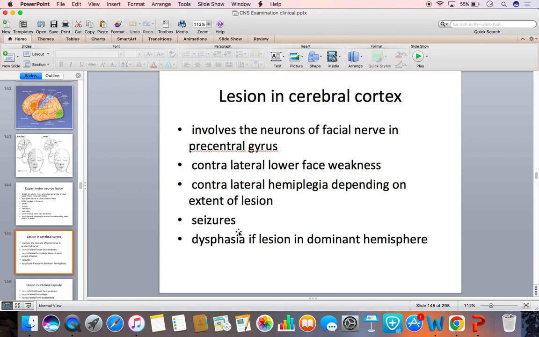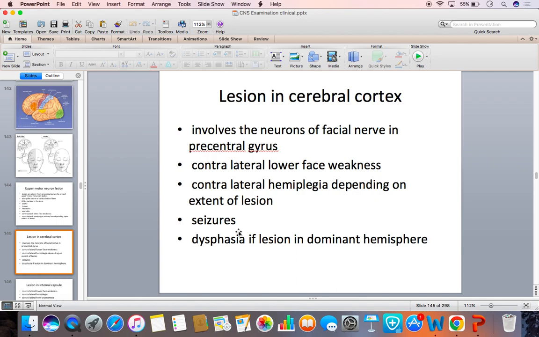So what are the features of the lesion in the cerebral cortex? It involves the facial nerve in the precentral gyrus. So it results in the contralateral lower face weakness and contralateral hemiplegia depending upon the extent of the lesion. Seizures are a characteristic feature when the lesion is in the cerebral cortex.